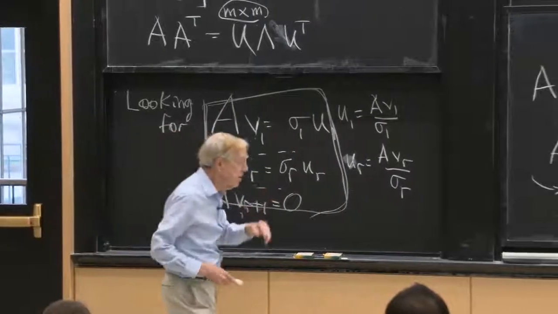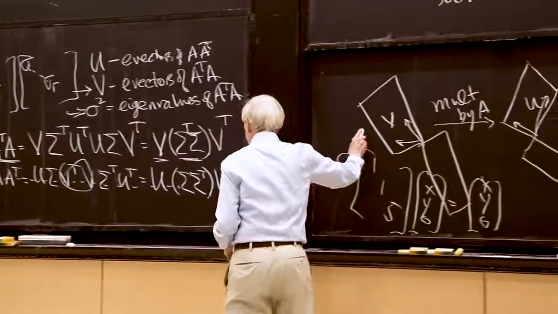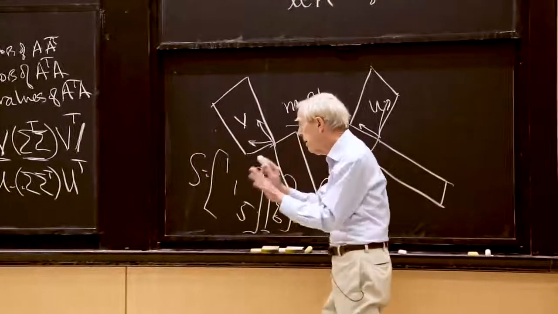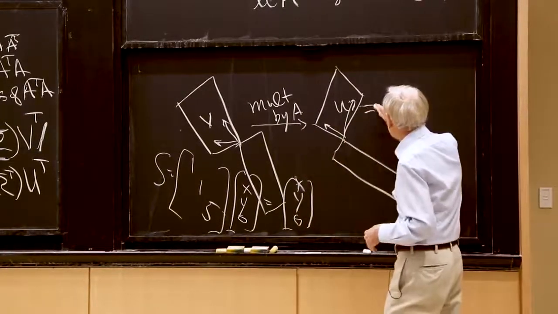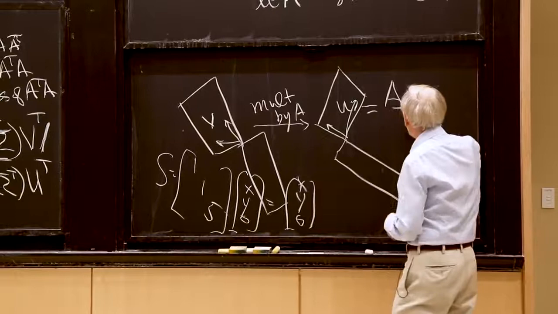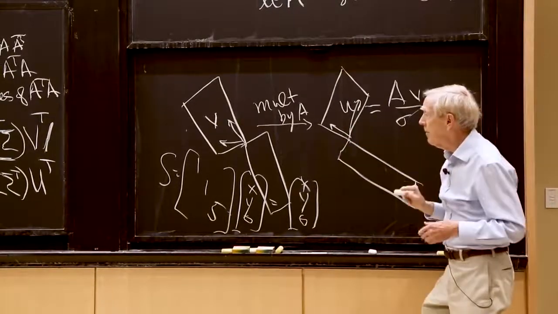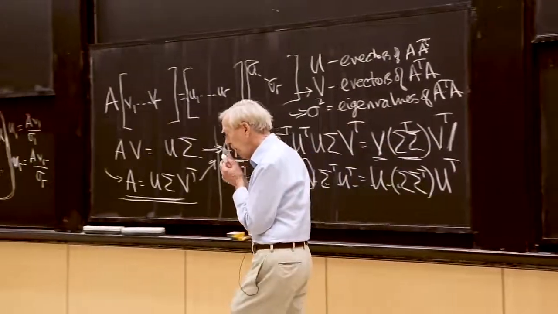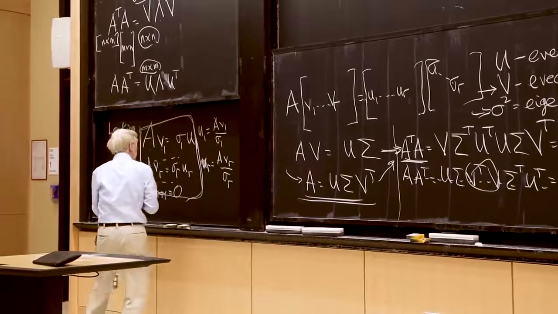And that's what goes in this picture. The V's are orthogonal, because they're the eigenvectors of a symmetric matrix. Pick them orthogonal. But now I'm multiplying by A, so I'm getting the U, which is AV over sigma, for the basis vectors, and I have to show they're orthogonal. So this is like the final moment. Does everything come together right?